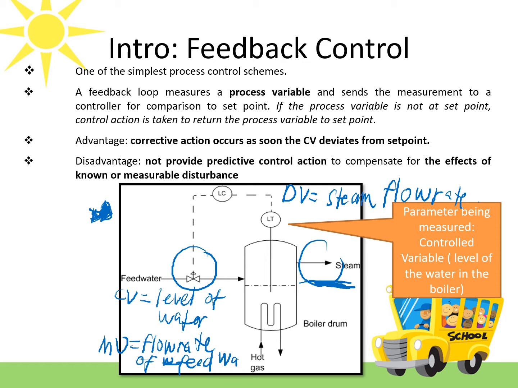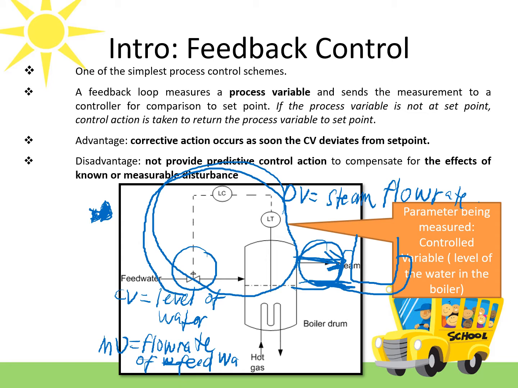Besides, there is the rapid disturbance change produced by the steam demand made by the downstream processing unit. Maybe in the downstream processing unit you have a reactor that requires your steam, right? So this will disturb the feedback controller of liquid level here.